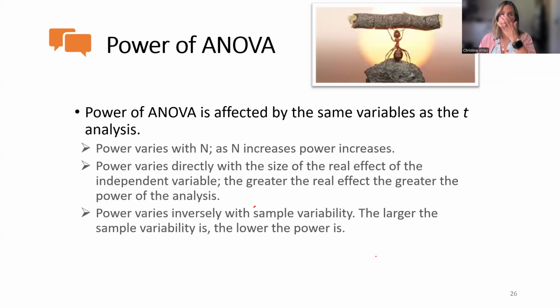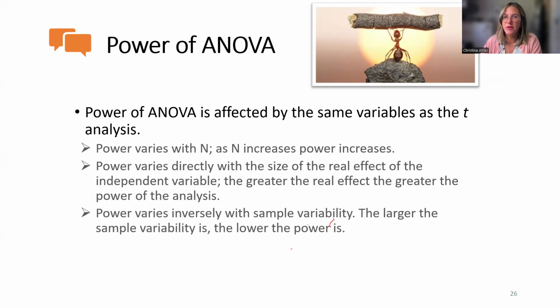So ANOVA is affected by the same things as t-tests as far as power. Remember, power is the probability of rejecting a false null. Basically you're finding significance when there really is significance. It's not an error. So as sample size increases, the power increases. As the real effect increases, it'll increase.